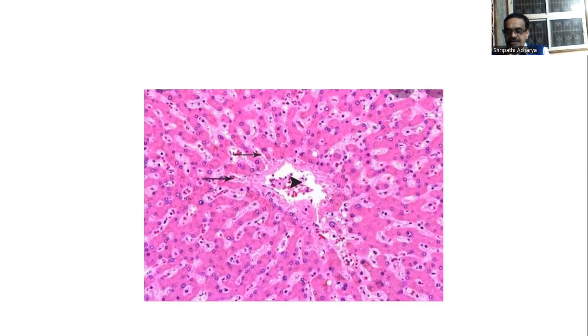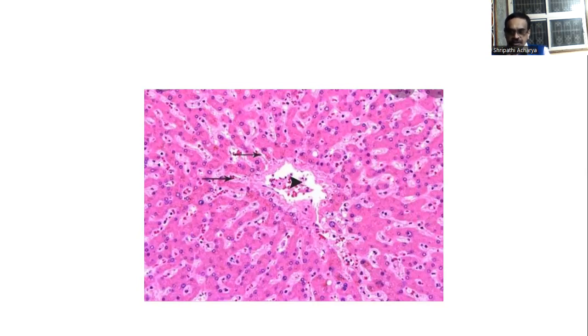And at the periphery, there is a portal tract. Portal tract is made up of tributary of the portal vein, hepatic artery and bile duct. So between the hepatic lamina, there are liver sinusoids and also the tributaries of bile canaliculi.